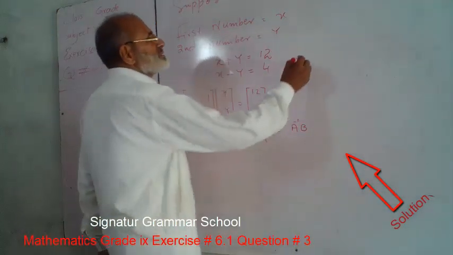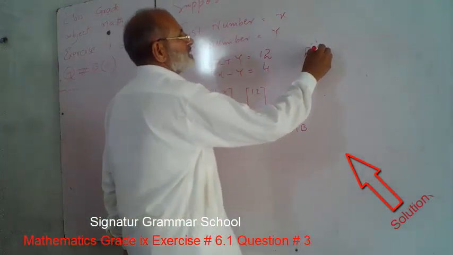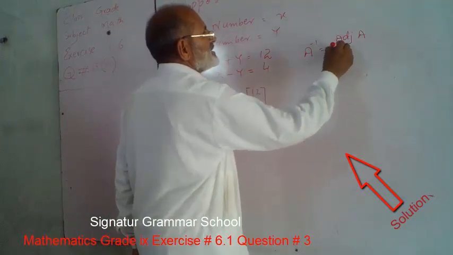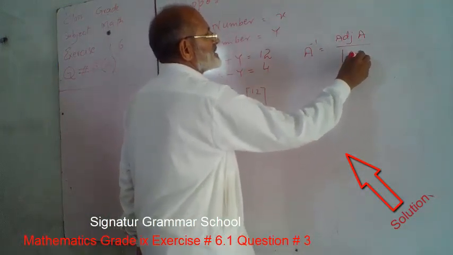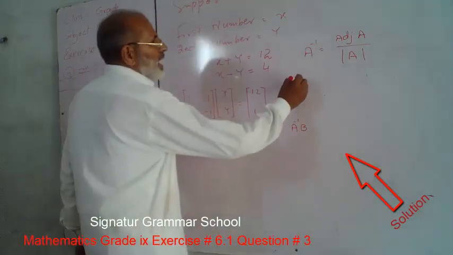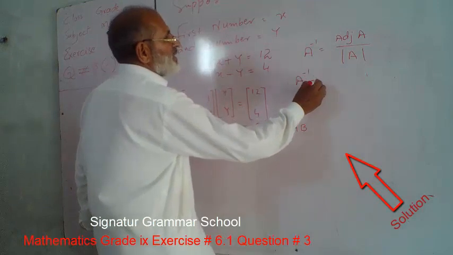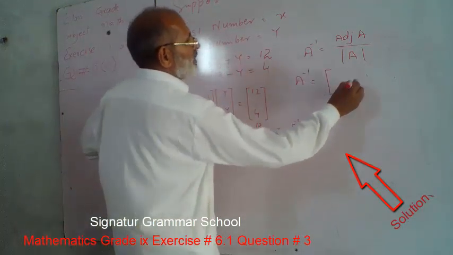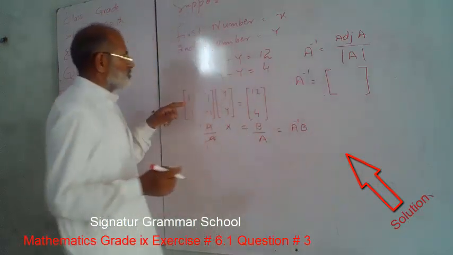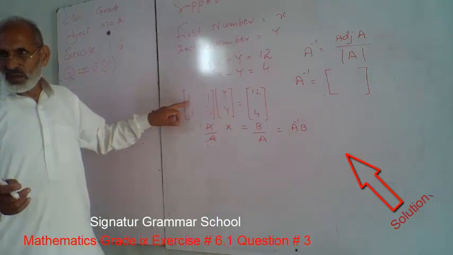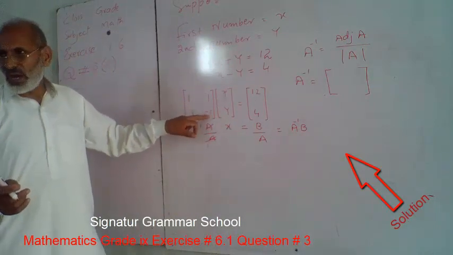We know that A inverse is equal to the adjoint of A divided by the determinant of A. In the adjoint, these two will change their positions. This 1 from here will be shifted to here.